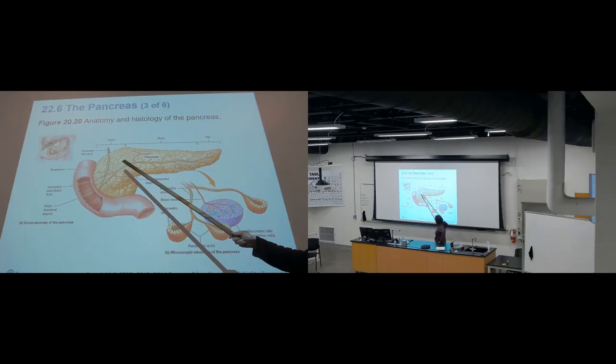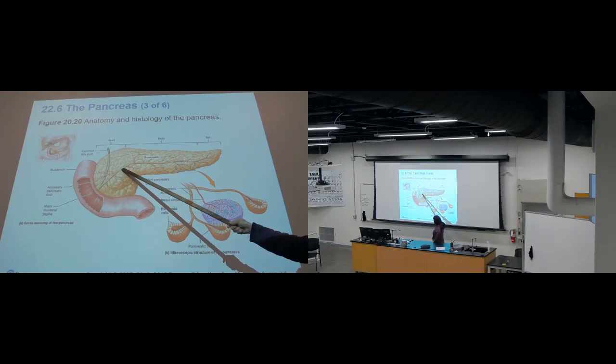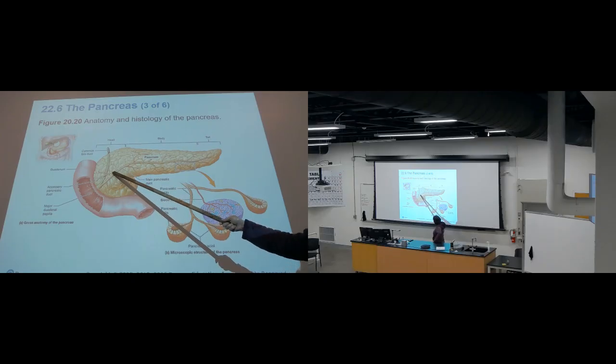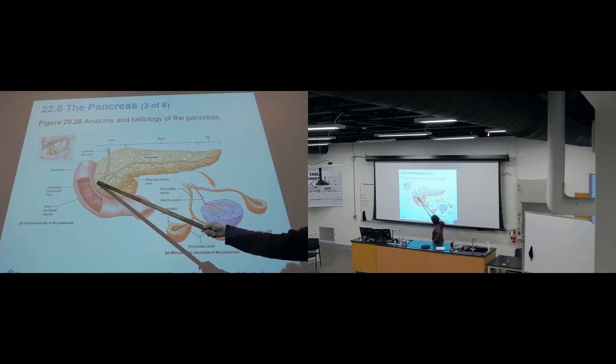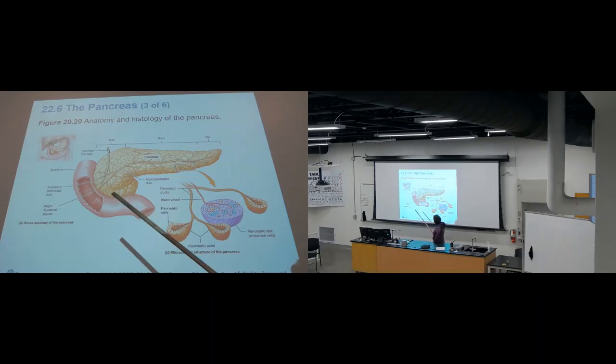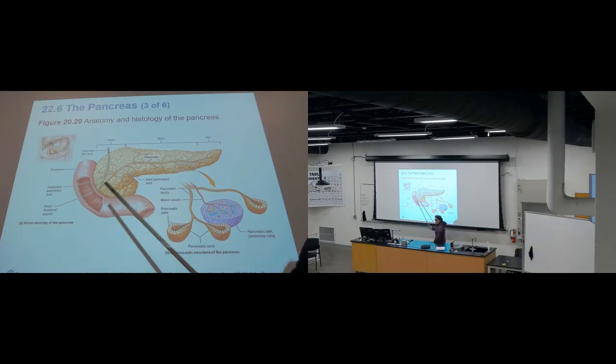Now, we have a secondary or an accessory duct that is smaller than the primary or the main. This one emerges in the head and empties into this other papilla, the minor duodenal papilla. There is a reason why we have a secondary duct.